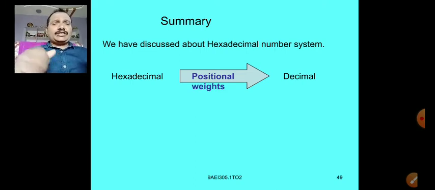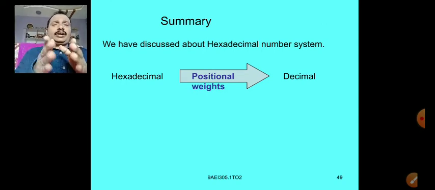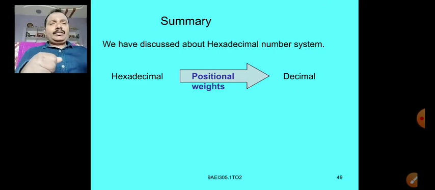Just use weights, and multiply the digits or bits of the respective number system, so that after summing all those, you will get the final value of the decimal. So this is the way of converting hexadecimal, binary, octal into decimal.